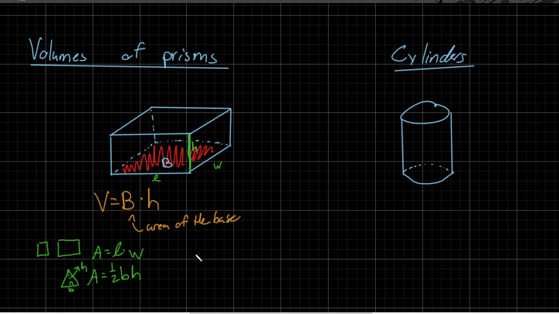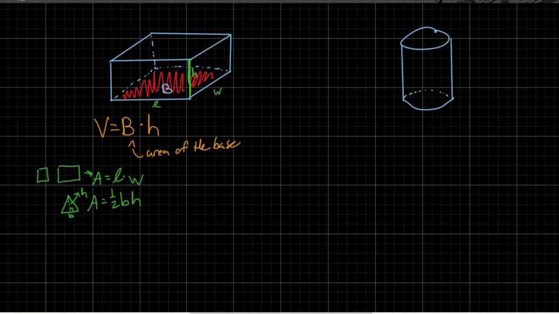Say it. Because this is a square or a rectangle, this is the formula. If I had a triangle, this would be the formula. We have another four-sided shape. Klein, what shape is that?